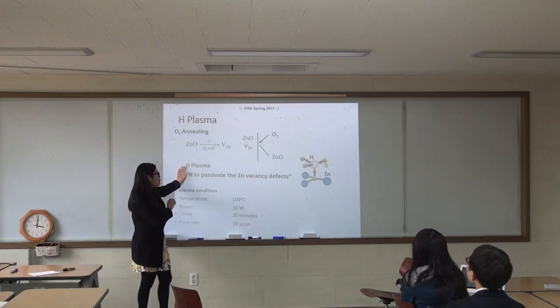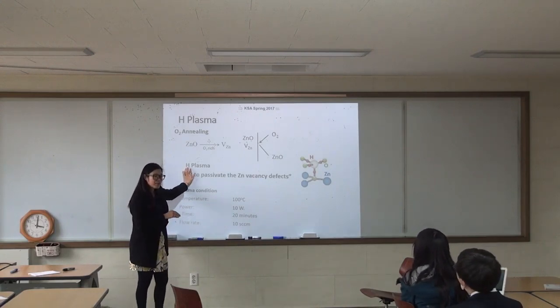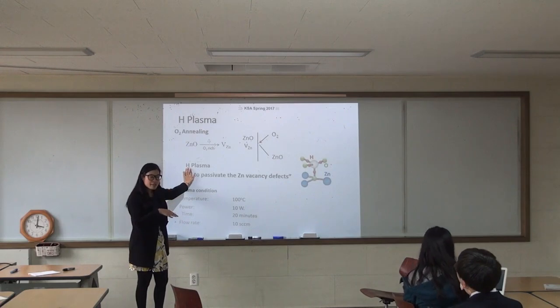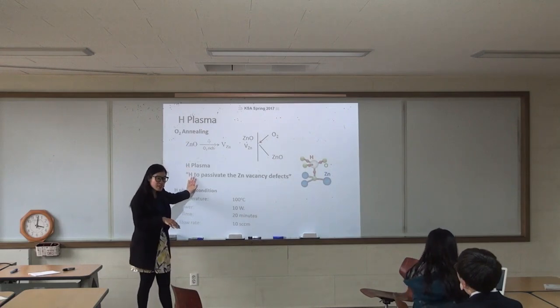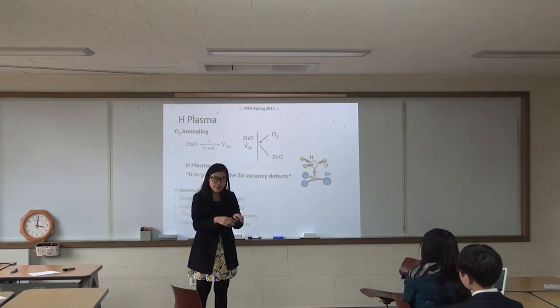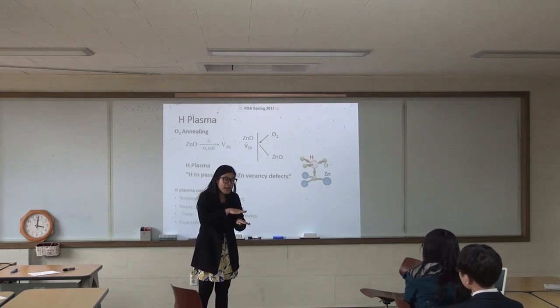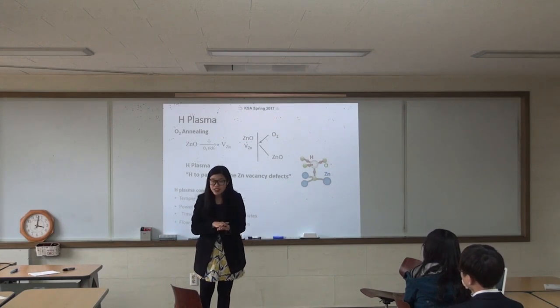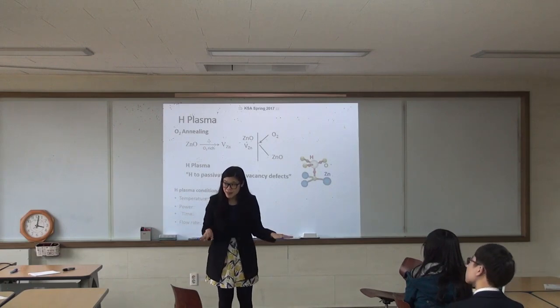I believe that hydrogen is going to passivate the zinc vacancy defect. There are defects, right? And the hydrogen is going to take the place of that vacancy. And if it's true, the red luminescence should disappear, right?